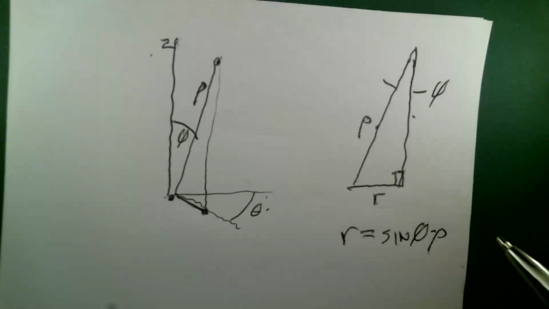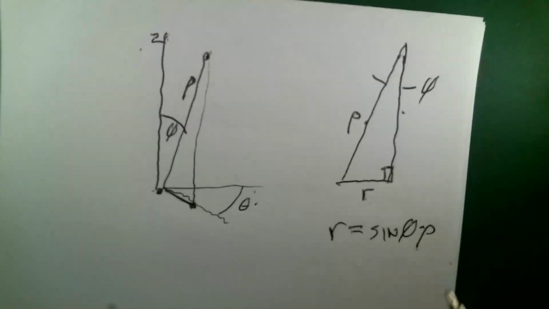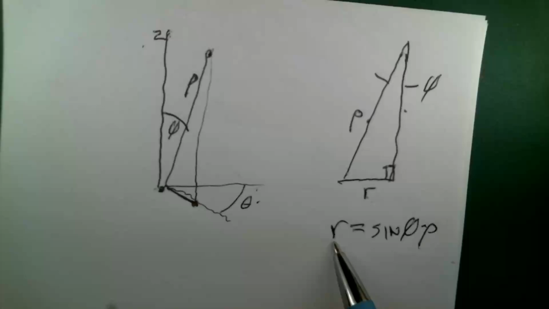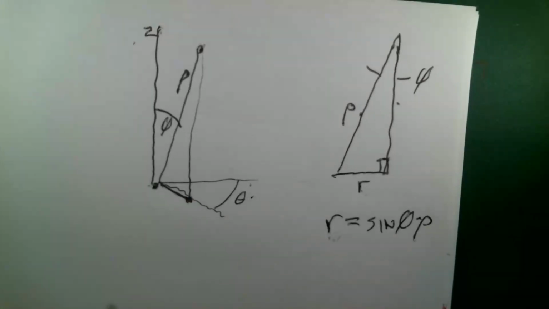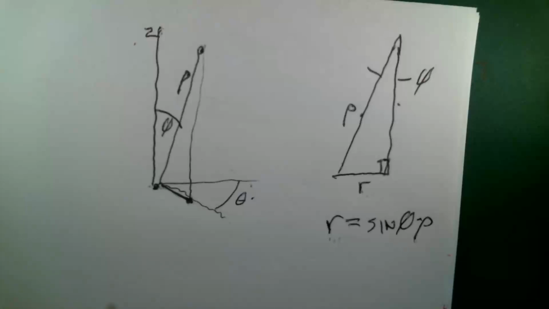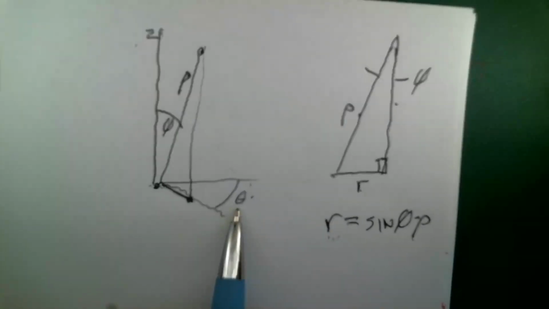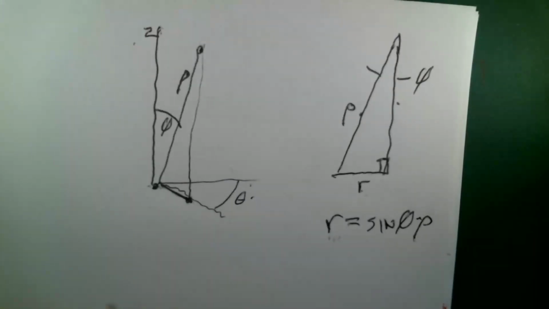Right. Now that's useful because that's actually what our polar coordinates are. We were in spherical coordinates where r is measured out from the origin to a point in space, but it's in the xy plane, its projection, and we've got r and we've got theta, and we know how to get x and y from them.